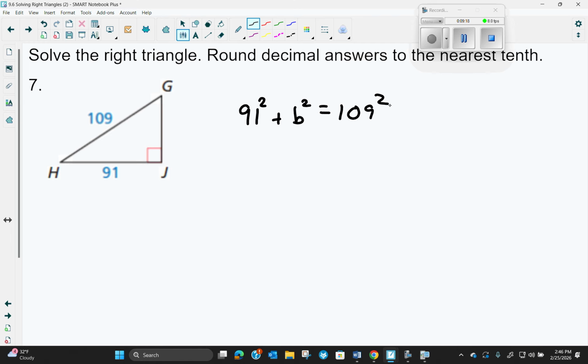All right. 91 times 91, 8281. Plus b squared equals 109 squared, 11,881. Subtract 8281 from both sides.